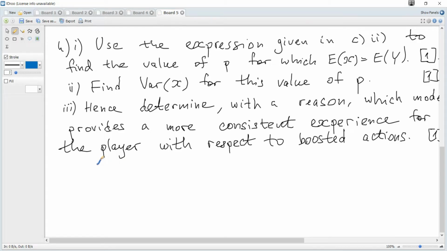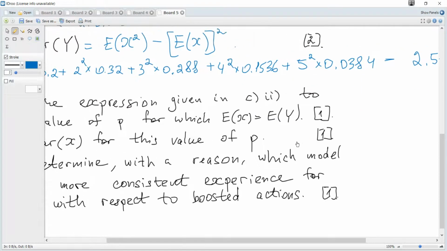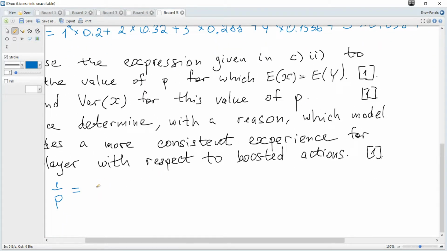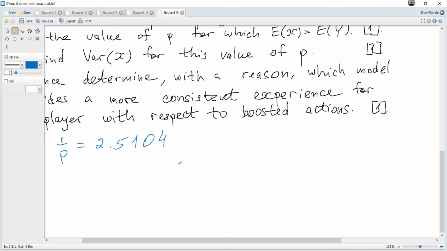So E of x is 1 over p, and it should be equal to E of y. E of y is 2.5104, and just calculate p, which is 1 over this value, and it's 0.398 to 3 significant figures.